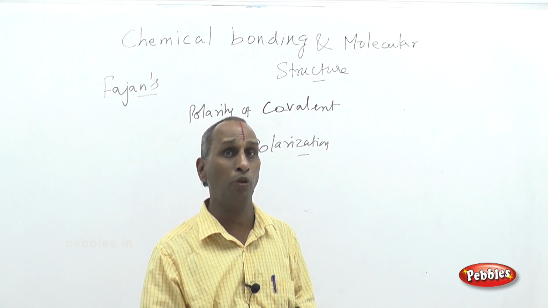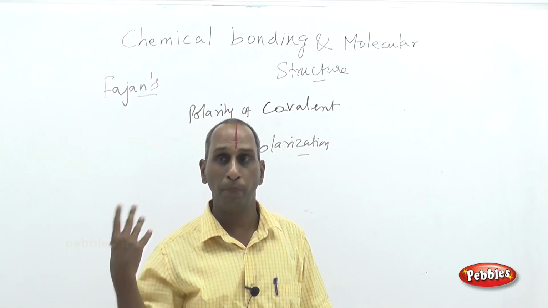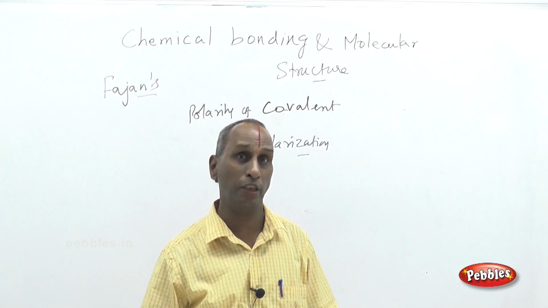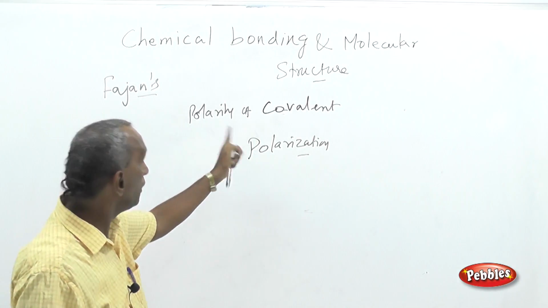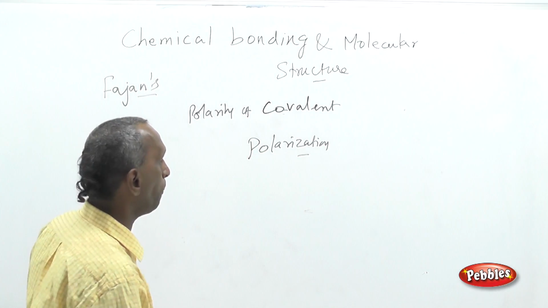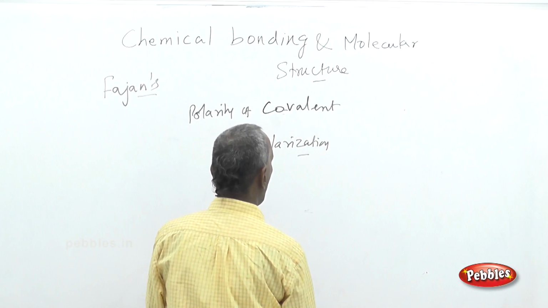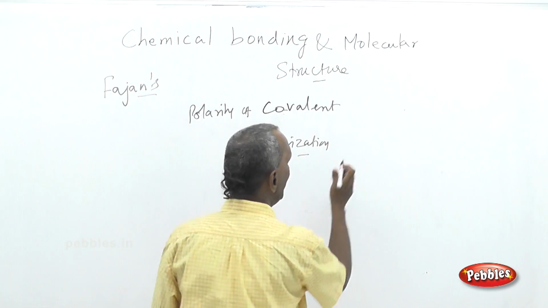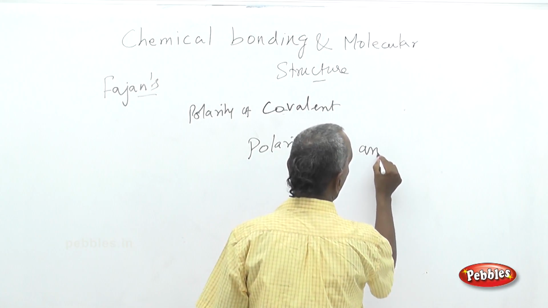Polarization, in an optically active compound, is the capacity to rotate plane polarized light. In physics, it is the capacity to separate the charges. Here also charges are separated, but fractional separation. So polarity of a covalent compound, or polarization characteristics or polarization power, is directly related to the anionic size.